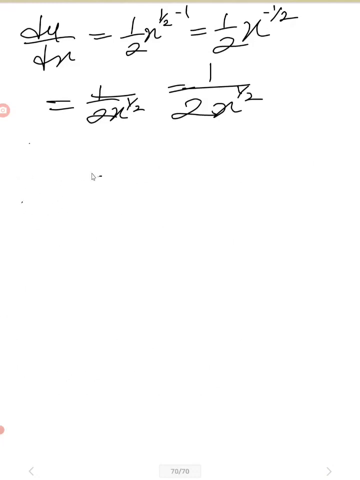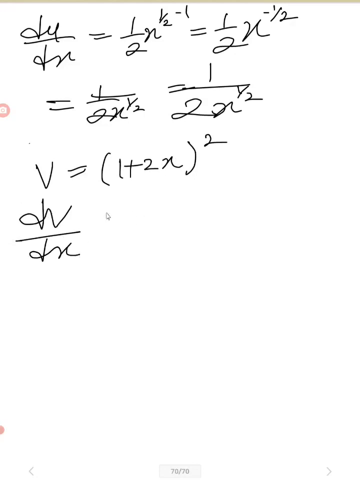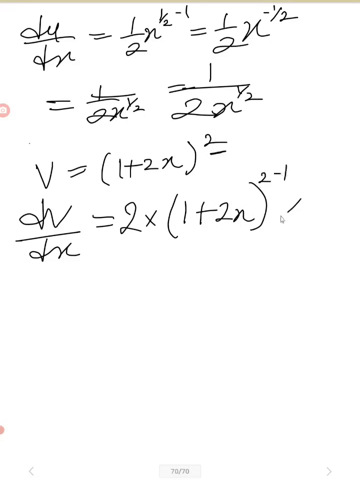If our v is equal to (1 plus 2x) all squared, dv/dx will be 2 coming down, multiplied by 1 plus 2x to the power 2 minus 1, multiplied by the derivative of the inside, because it's a function inside a function.